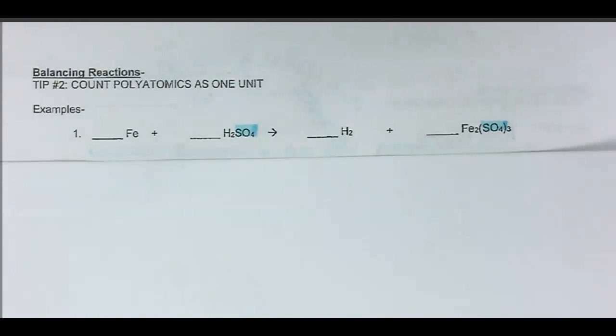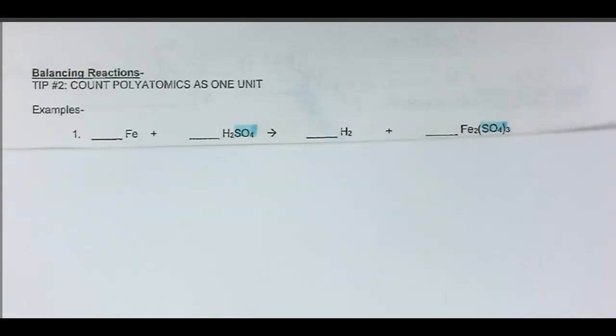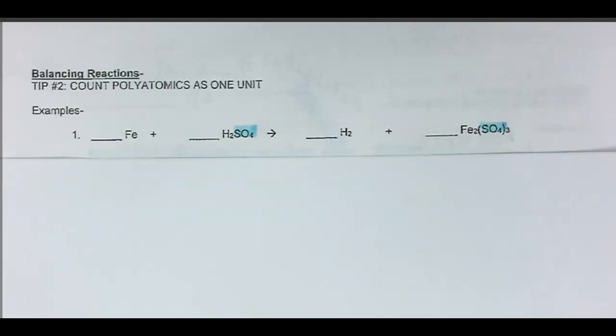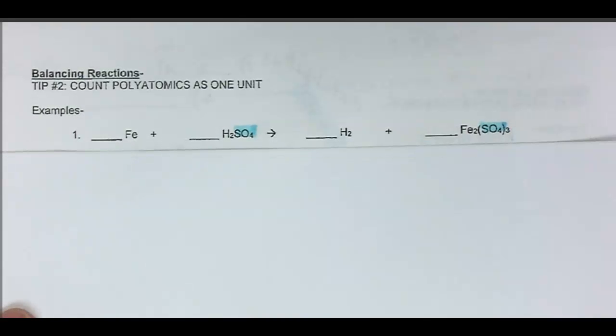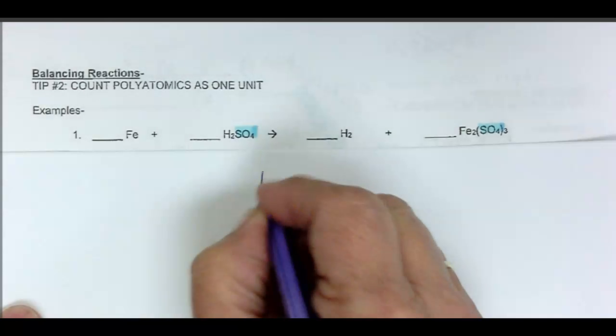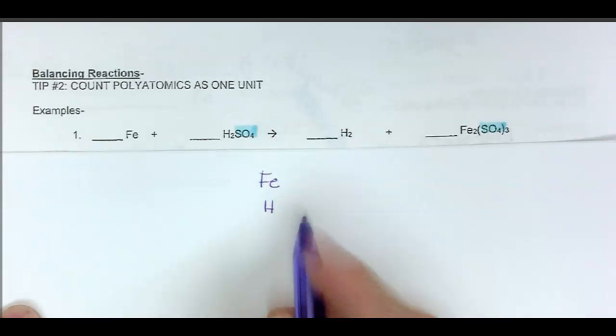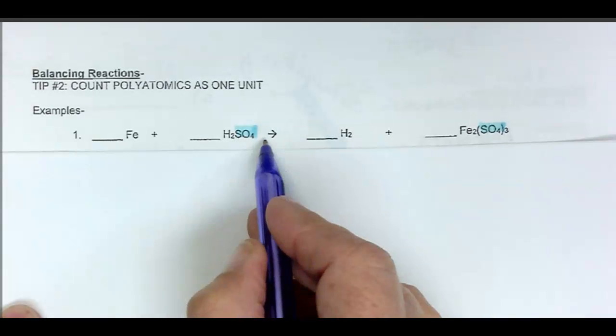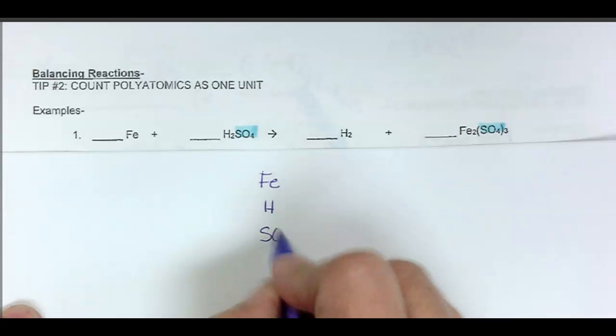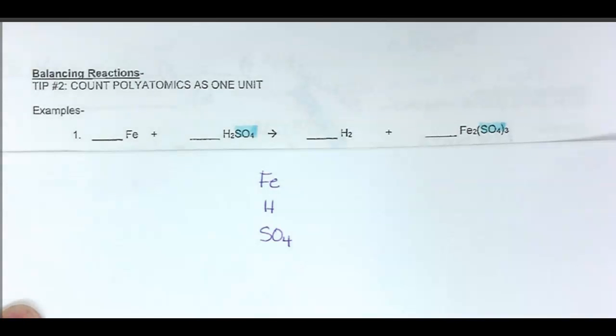Okay, so I'm going to go ahead and get started. I'm going to put a piece of paper here just so that I can have a little bit more room to write. So again, remember, our first step is to always count our atoms. So write down your different elements. And when I go to write these down, in this case, since I'm looking at SO4 as a unit, I leave these together.